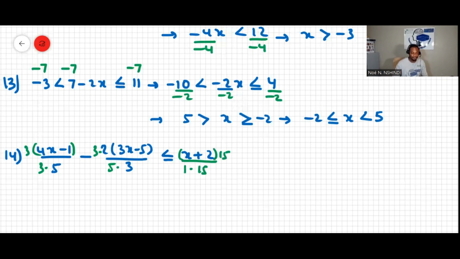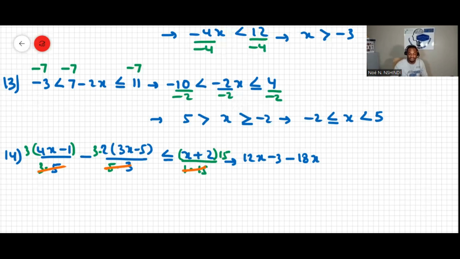Now that the denominators are common, we can just remove the denominator. Then we do 3 times 4x, that makes 12x. 3 times negative 1 makes negative 3, minus 6 times 3x makes negative 18x.